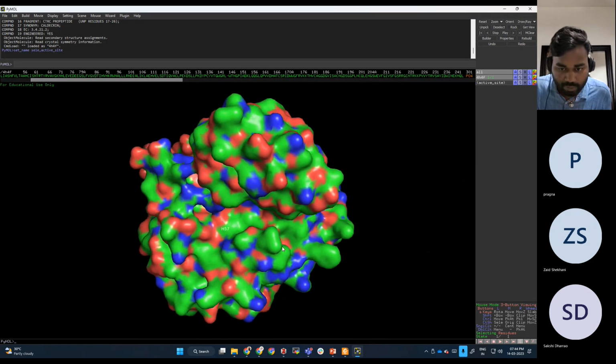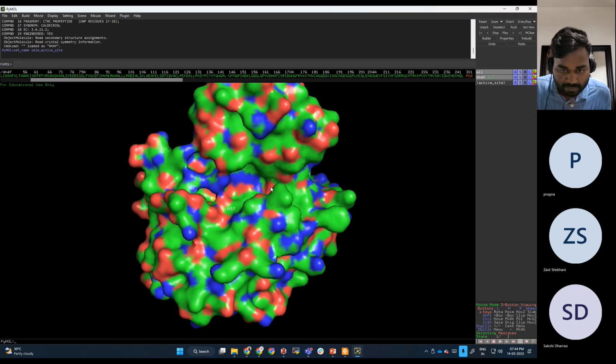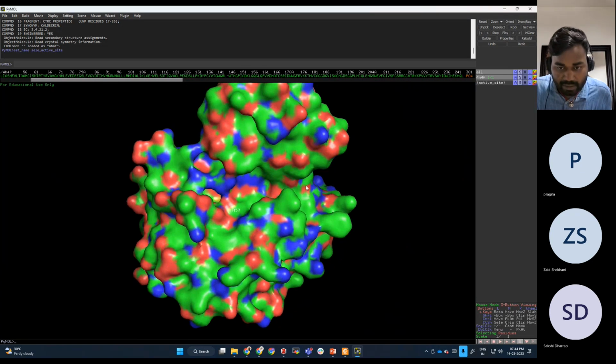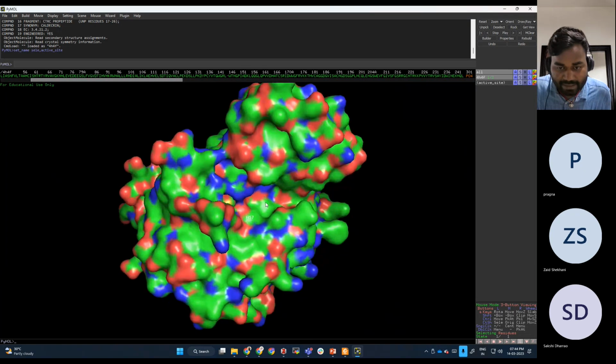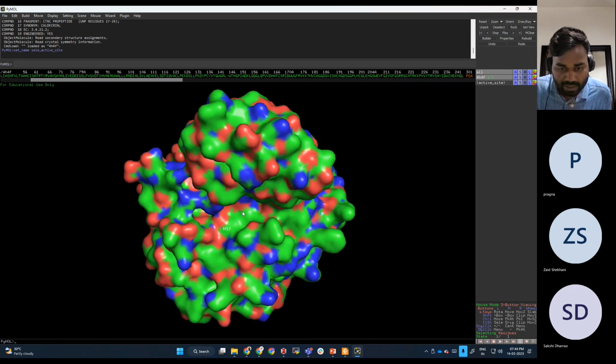So here your hydrophobic pocket is there. And then here the main chain will lie. Right. And then serine will do the cleavage.